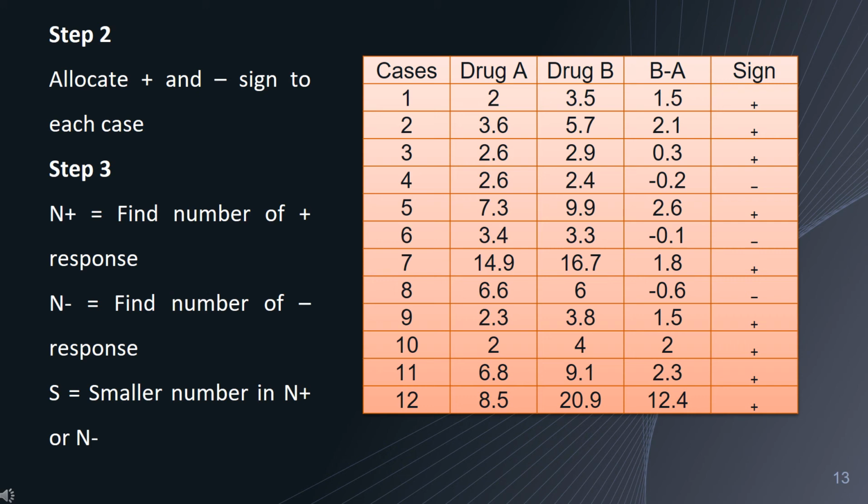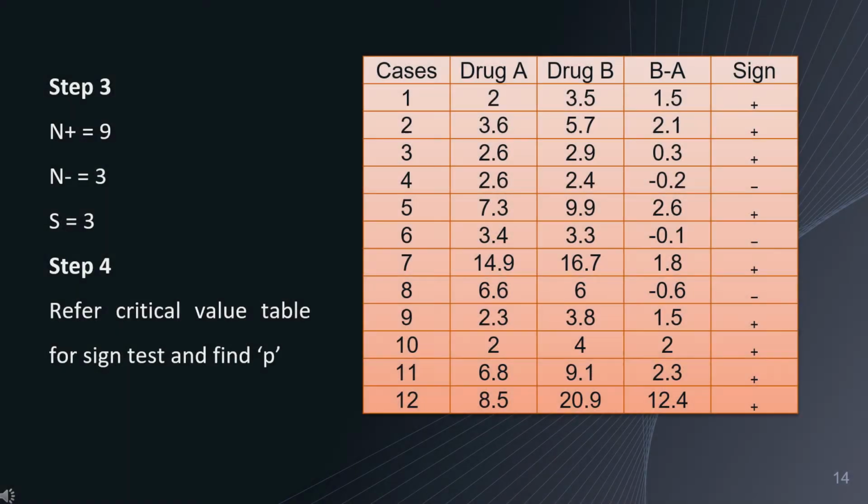It could be either n plus or n minus. So in this given example, there are a total of 9 signs which are plus and there are 3 signs which are minus. So my S, also referred to as X in some cases, is 3. The smallest number is 3, so I take it as 3.